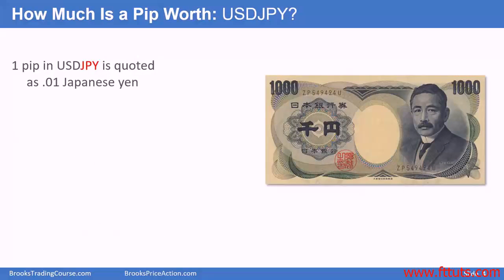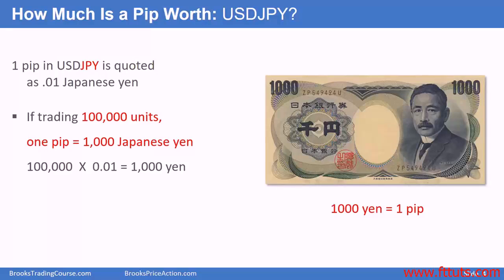So what happens with something else, like the dollar yen? The yen is the second part of the pair, so the quotes are in yen. If you're trading 100,000 units, one pip in that case is 1,000 yen. So 100,000 units times one pip is 1,000 yen. So 1,000 yen is one pip.